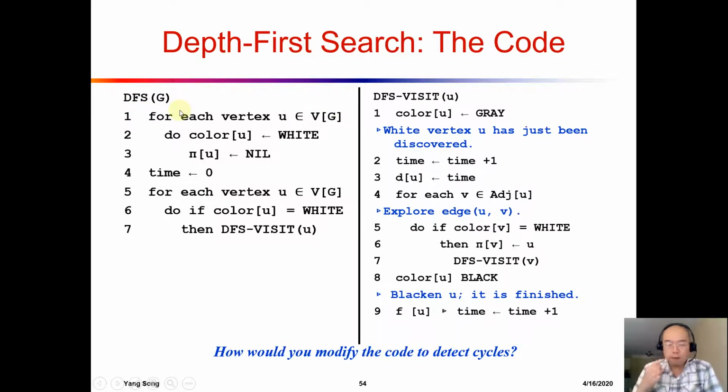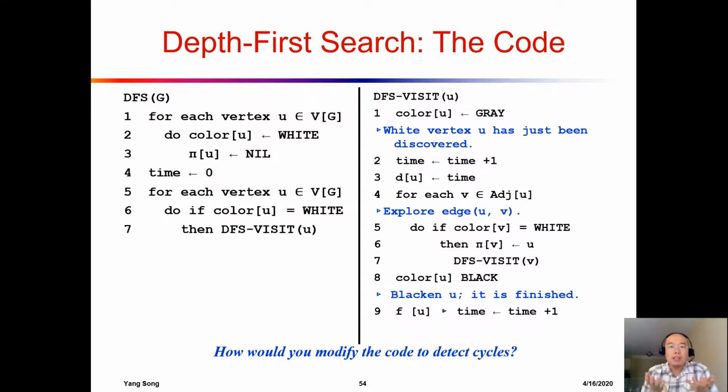So remember, how do we tell if there is a cycle? When we are visiting a node, and from this node we can go back to a black node, or if we can go back to a gray node, there is a way for us to go back to a node we have already seen, right?